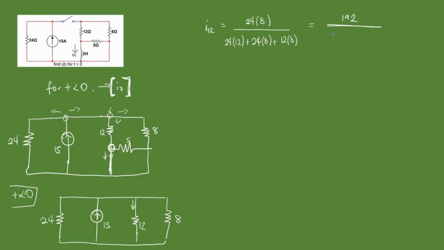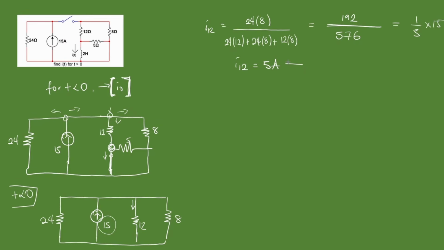So that's going to give us 192 over 576, and that conveniently is 1 over 3. Now, remember that this is just the coefficient. We're going to now multiply this by the total current that enters, so times 15. So 1 over 3 times 15. We now know that the current to the 12 ohm resistor is 5 amps.